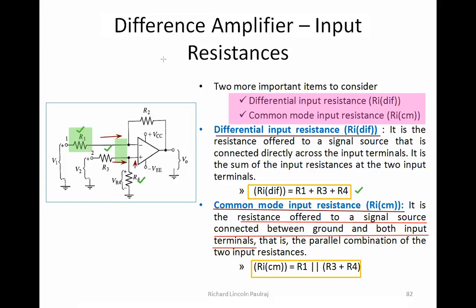Remember these formulas, because we will be using them for solving problems. Differential input resistance is nothing but the addition of all the input resistances, and common mode is where R1 becomes parallel with the summing of R3 and R4, because R3 and R4 are together connected to where?